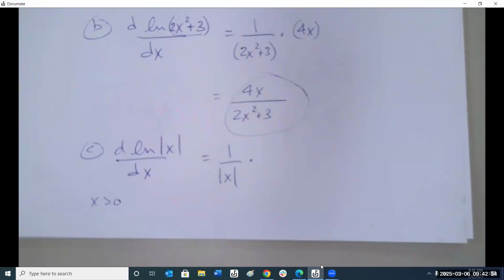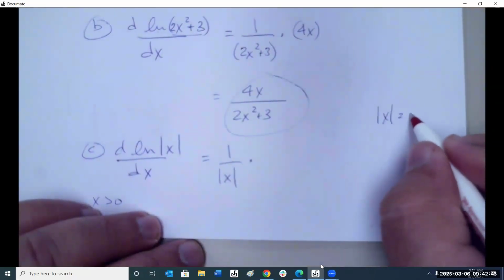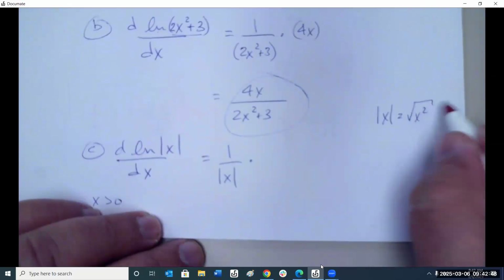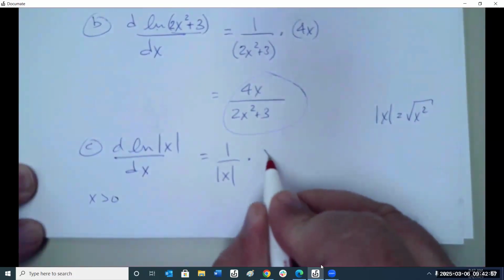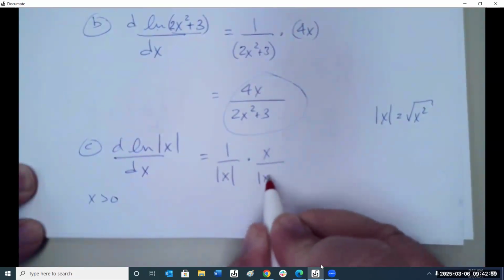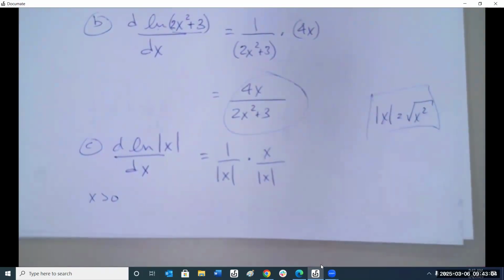We did this last time. Because remember, absolute value of x is defined as the square root of x squared. And you can't cancel those. You have to treat them both separately. Look at your notes last time. You'll see that the derivative becomes x over absolute value of x.